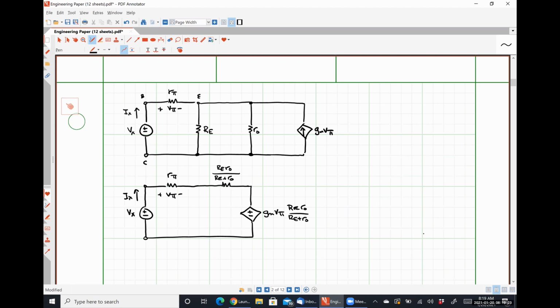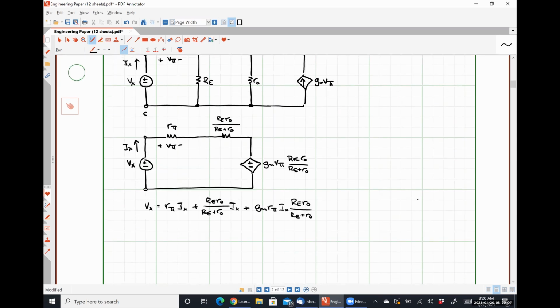Nothing seems okay. All right, so if I write a Kirchhoff voltage law loop around this equation, I can see that Vx is equal to R pi times Ix plus RE R naught over RE plus R naught times Ix plus GM V pi, where V pi is R pi Ix times RE R naught over RE plus R naught.